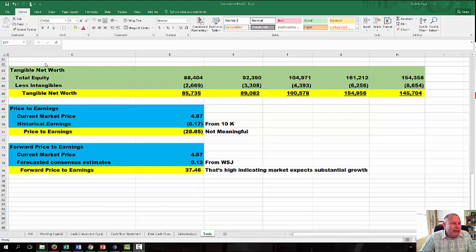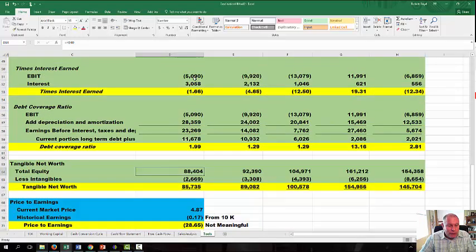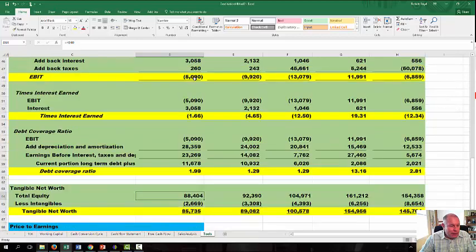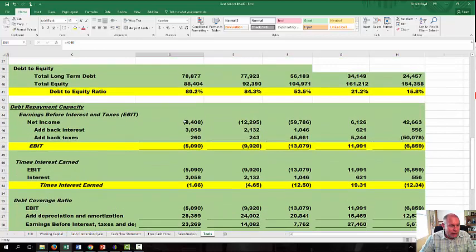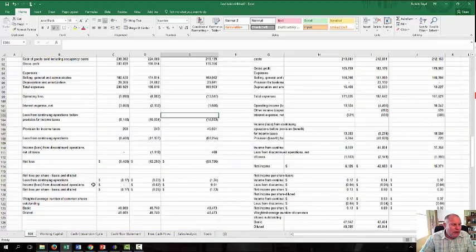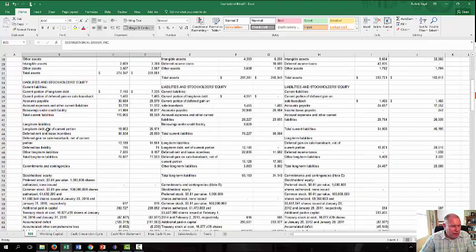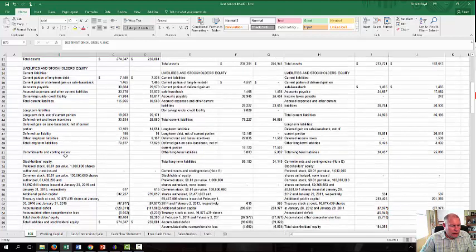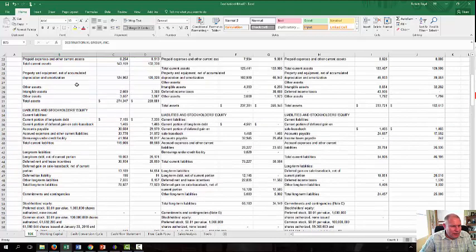When we go to calculate tangible net worth, we start with total equity, which we bring down simply from above. There's our equity right here. Now we ask, where do we find intangibles? Well, we know that's on the balance sheet, under intangible assets.